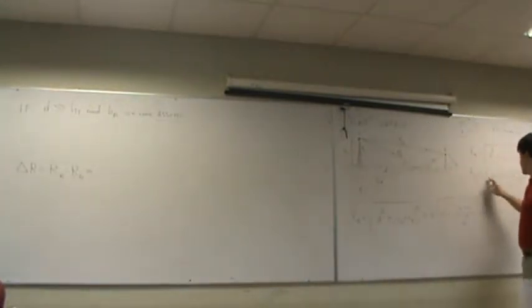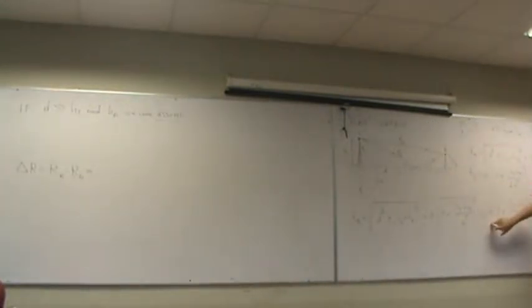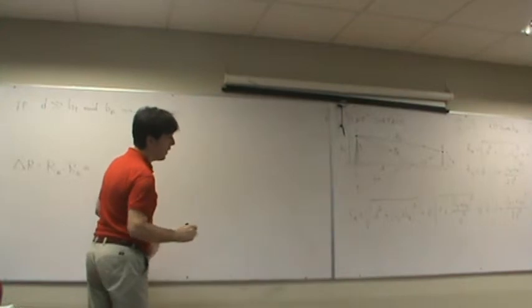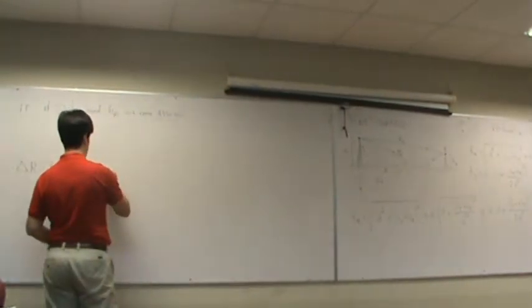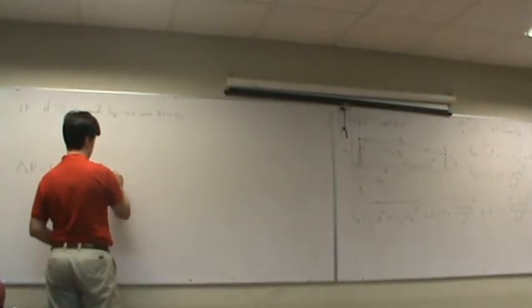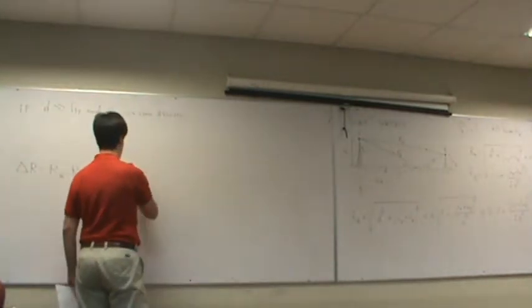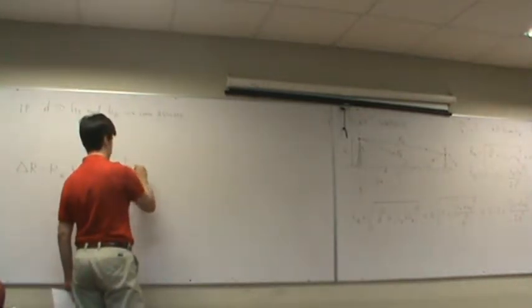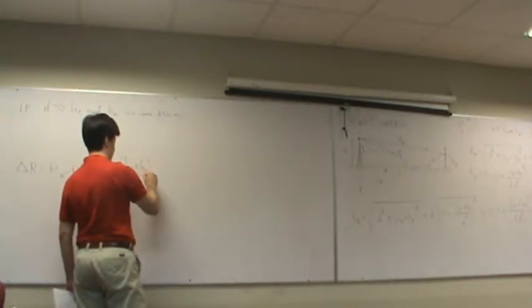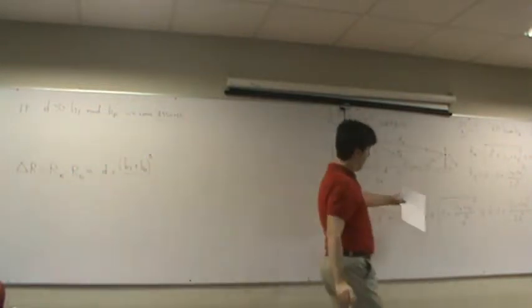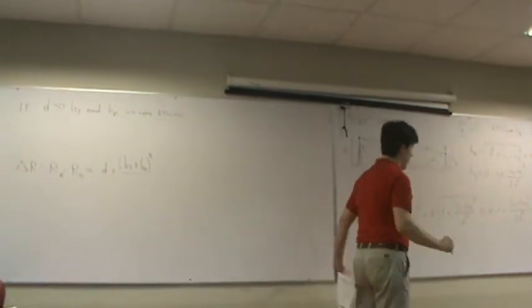So if you take this one minus this one, what you find is d plus, and then we simplify d, so it's divided by 2d.